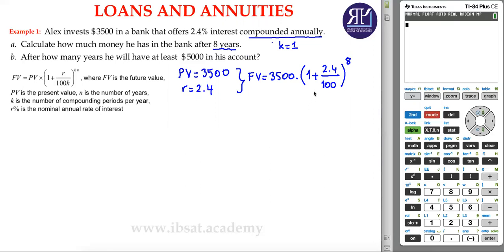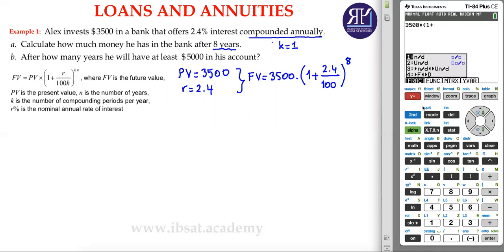Now for this part we will use the calculator. 3,500 multiplied by, in the bracket, 1 plus, let us make the fraction here, 2.4, let's go down, denominator 100, let's close the bracket, to the power 8.